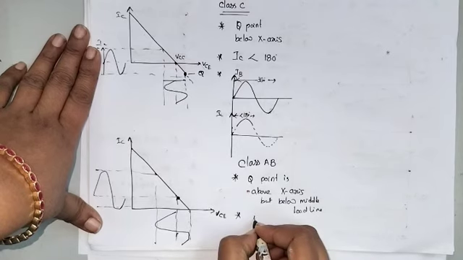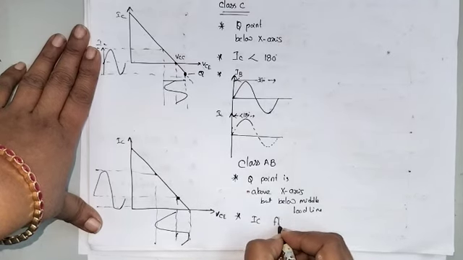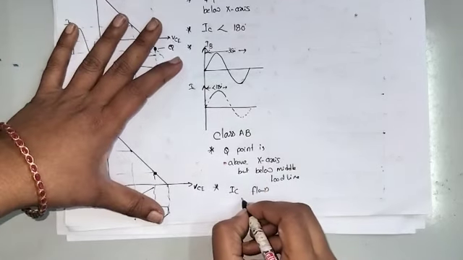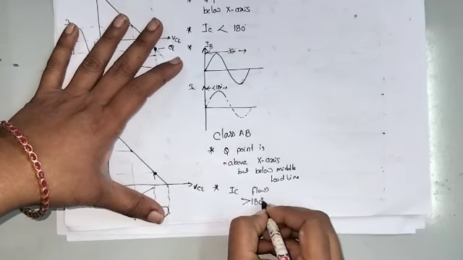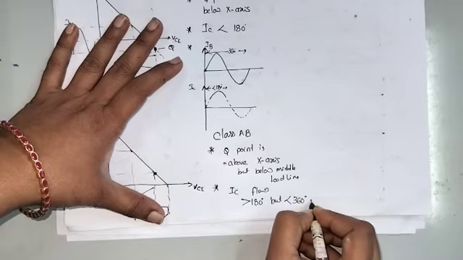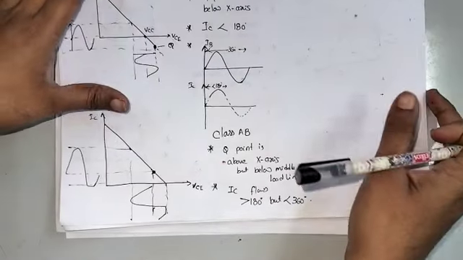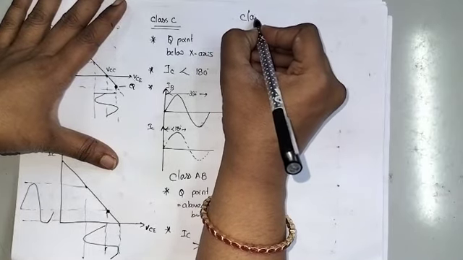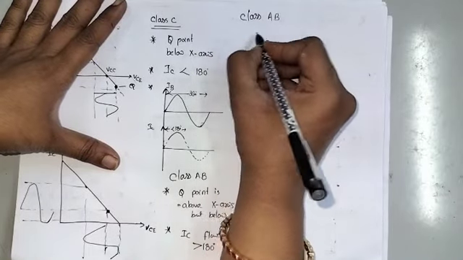The IC current, which is nothing but the output current, flows for greater than 180 degrees but less than 360 degrees. And the waveforms are for the class AB power amplifier.